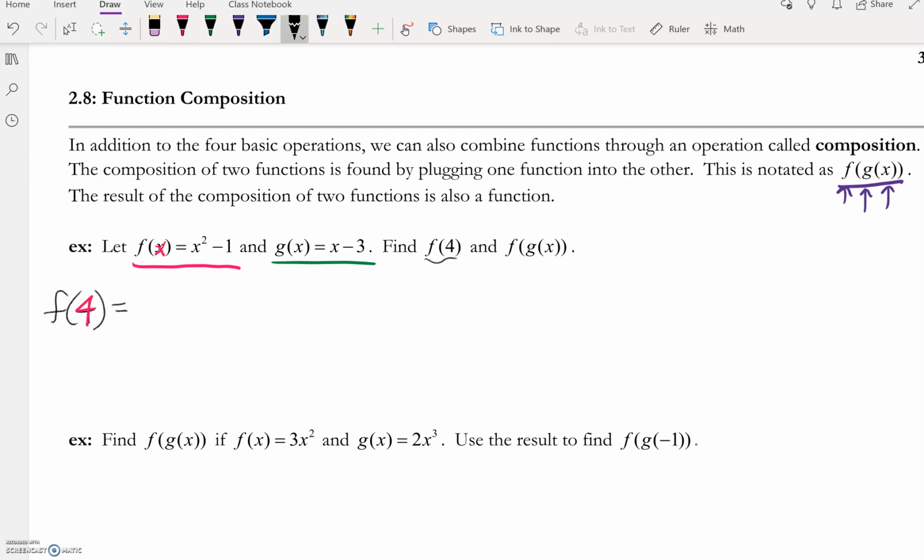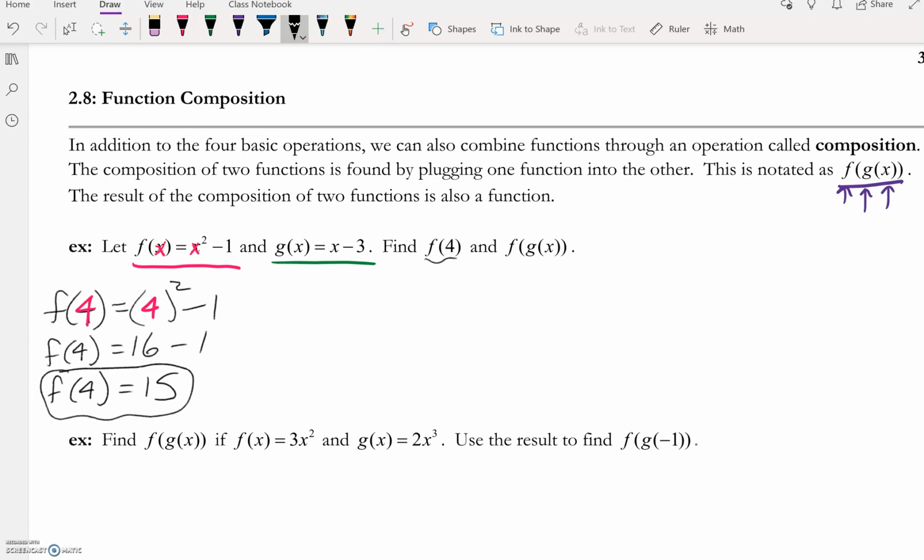I've got x squared, so I plug in 4 squared, and then minus 1. Then I simplify: f of 4 is equal to 4 squared, which is 16, and 16 minus 1 is 15.